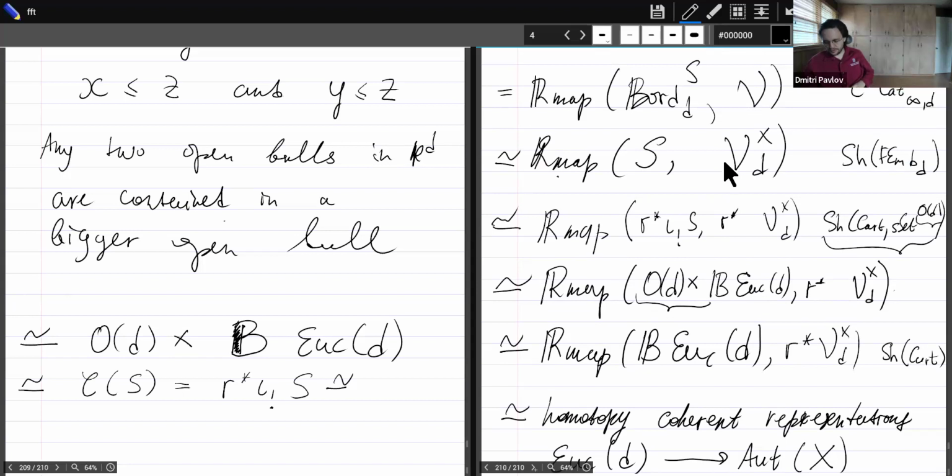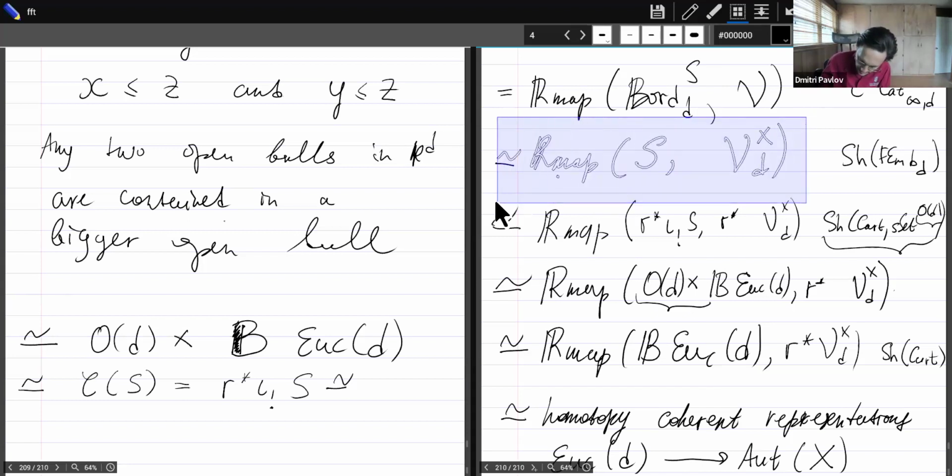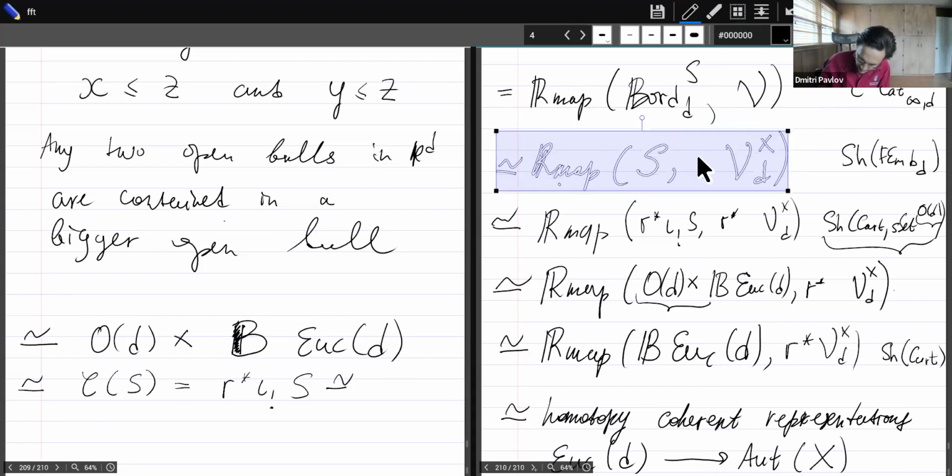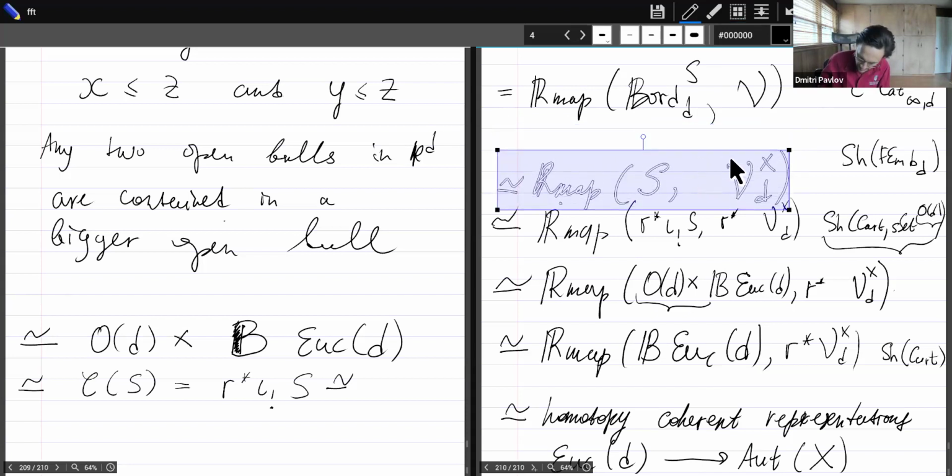I should have been a bit more careful here, but the point is that I could have written it this way. I should have maybe inserted an additional intermediate step.